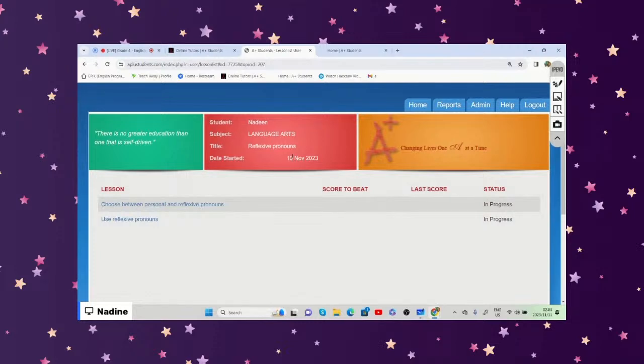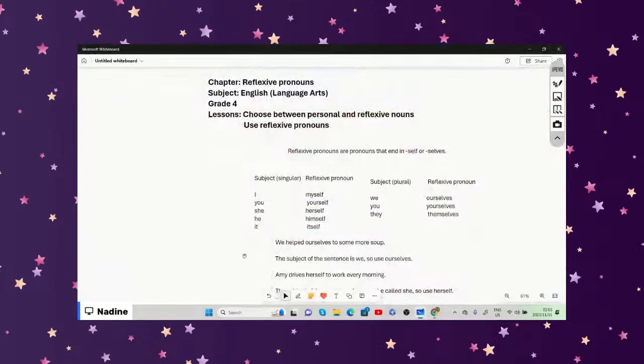Reflexive pronouns. We're going to find out today what reflexive pronouns mean, right? Our chapter for today, like we said, is reflexive pronouns.